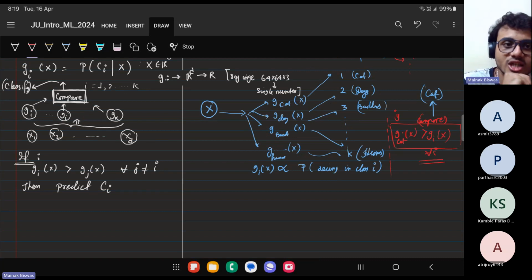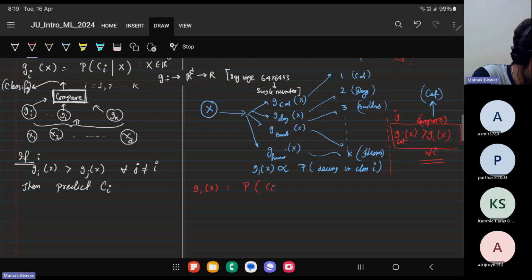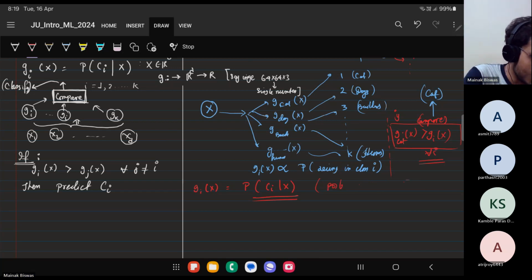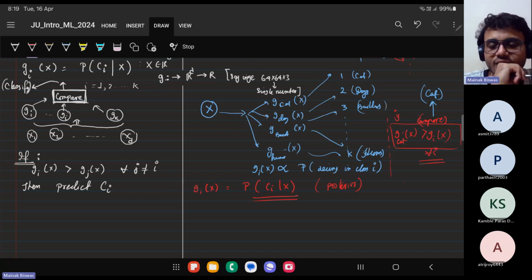So now what are these g i's? These g i's are defined as the posterior, sorry, not the class conditional densities. What does this mean?